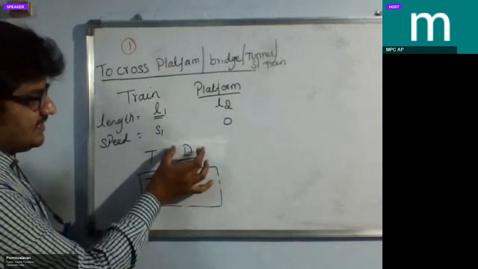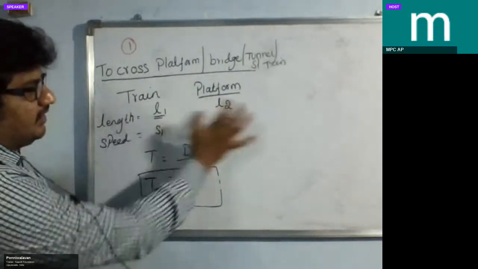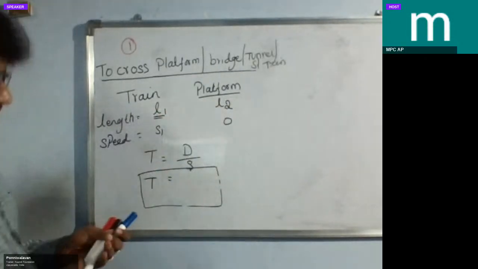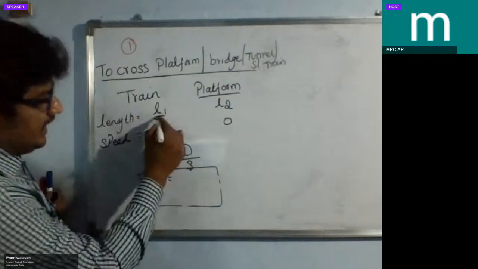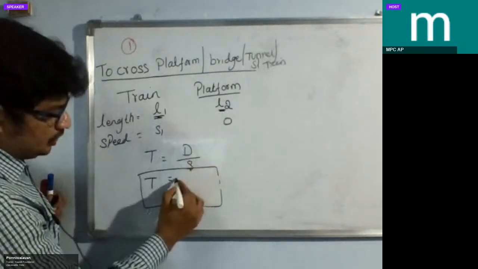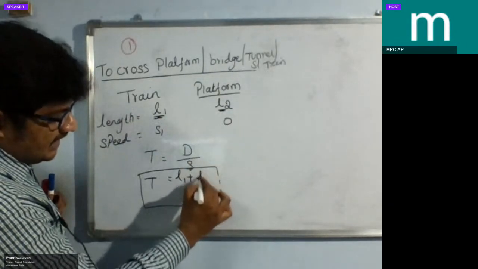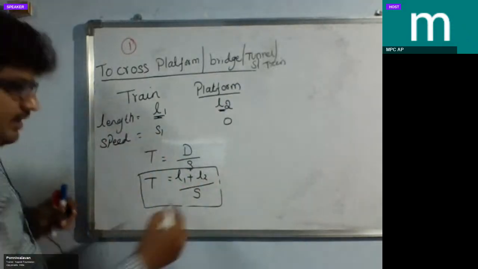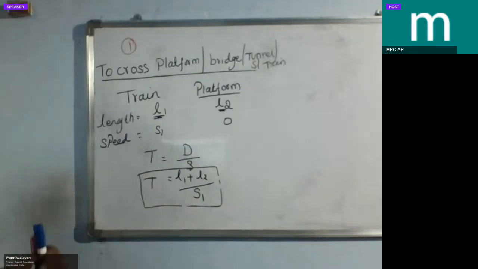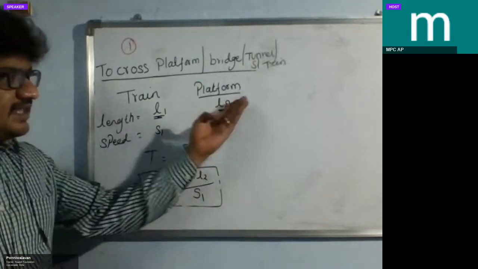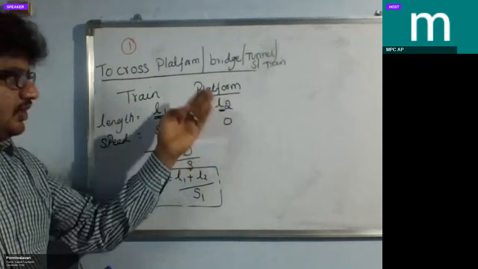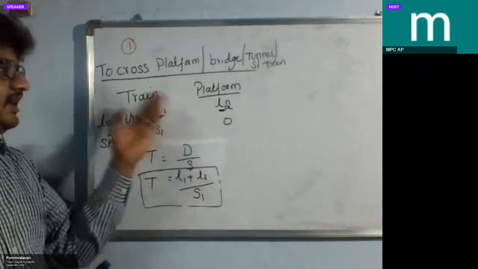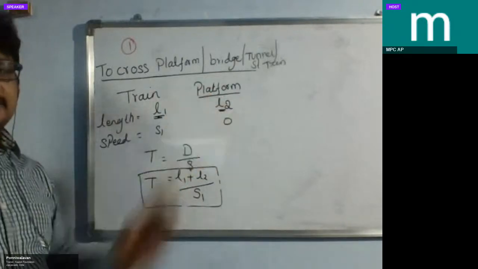Distance is the length of the object. Here, what are all the lengths? L1 and L2. So the time is L1 plus L2 divided by S1. In the previous case, the length of the man is 0. That's why we took only the train length. Here, we need to take L1 plus L2.